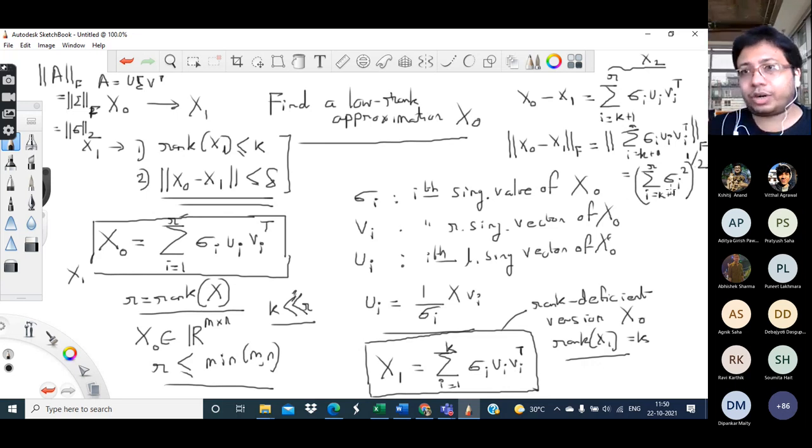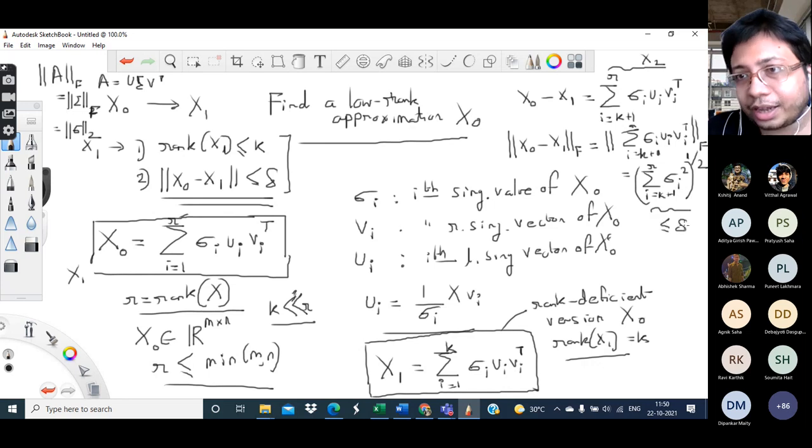Fine. Now if all of these singular values are quite small, that is to say, if this is less than or equal to delta, then yes, I have got x1 which is close enough to x naught within delta.